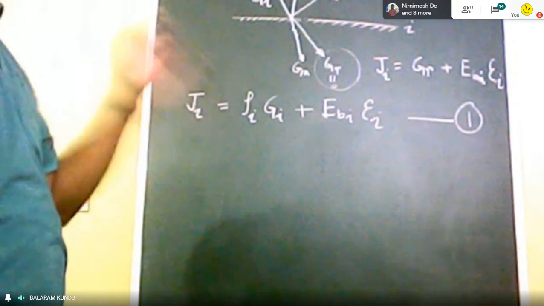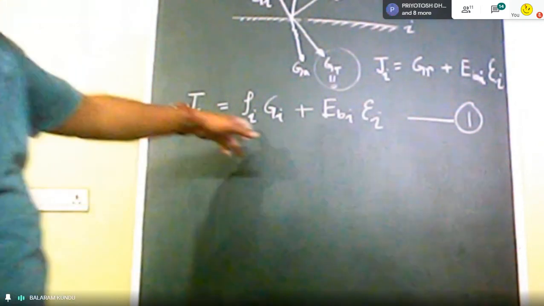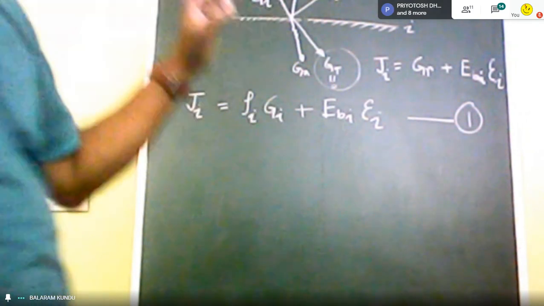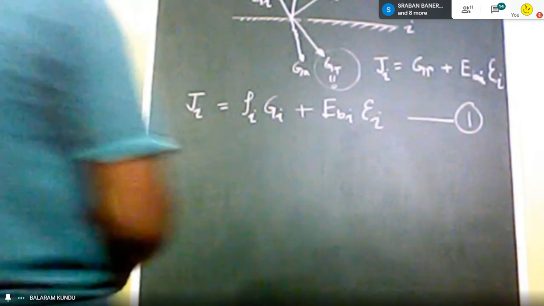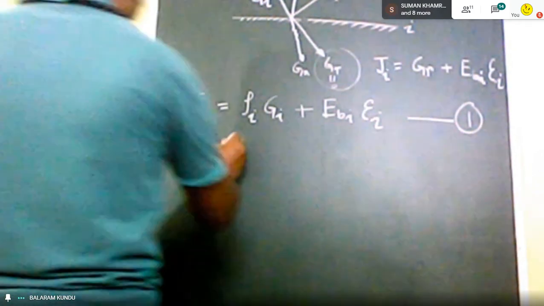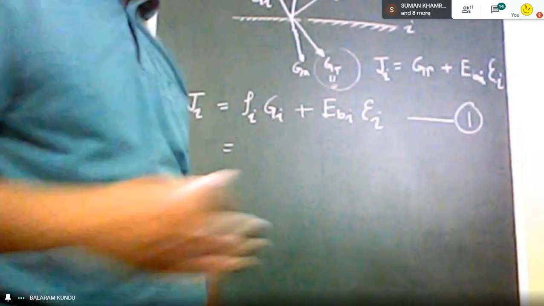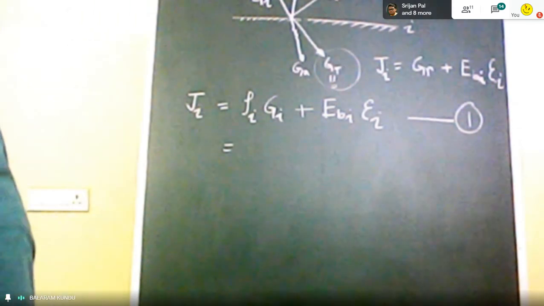Or you can simplify it. A little bit of simplification will be possible here because rho I has been used. That is reflectivity. It is possible to replace rho I. Already we considered the surface is opaque.